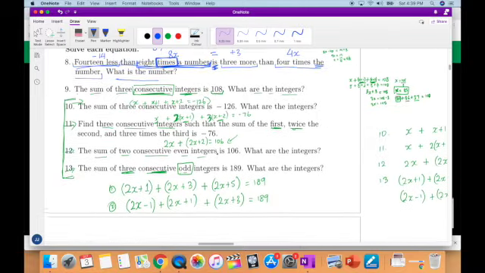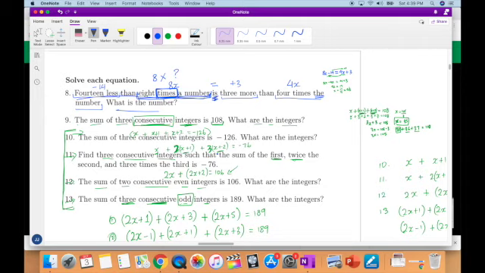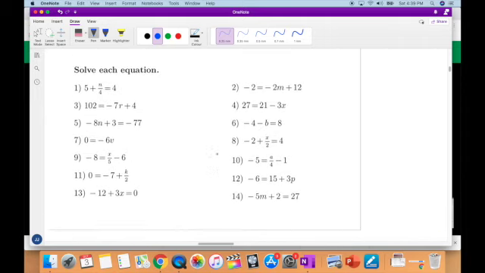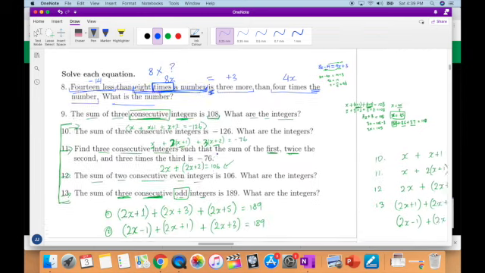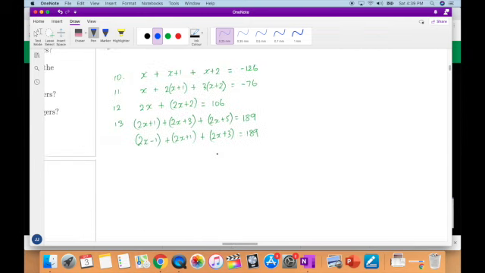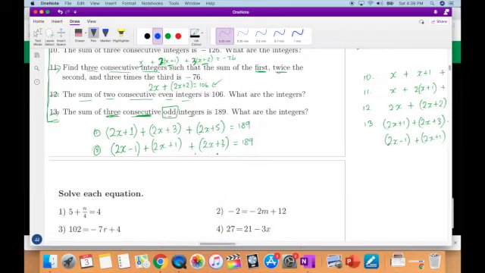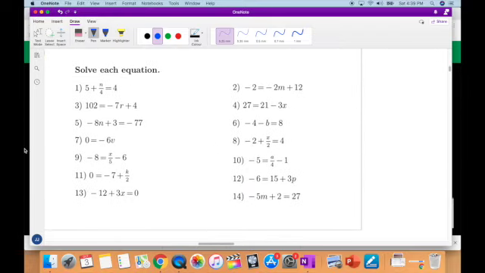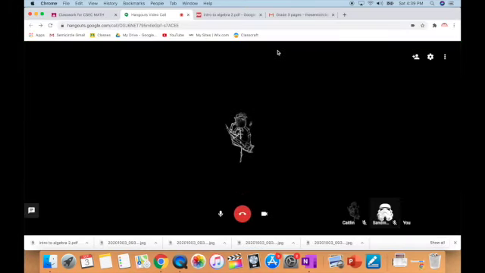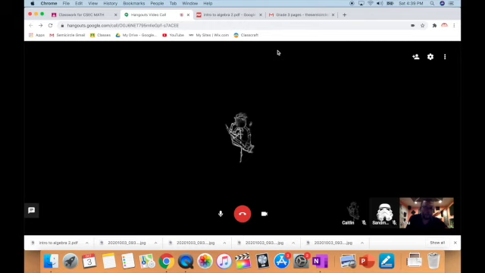So when we come back next class, which is Tuesday, I want to see these, and we will take a look at correcting them. We will also be moving on to a couple more things in algebra, like substitution. We'll be taking a look at transposition, just covering all of the basics.